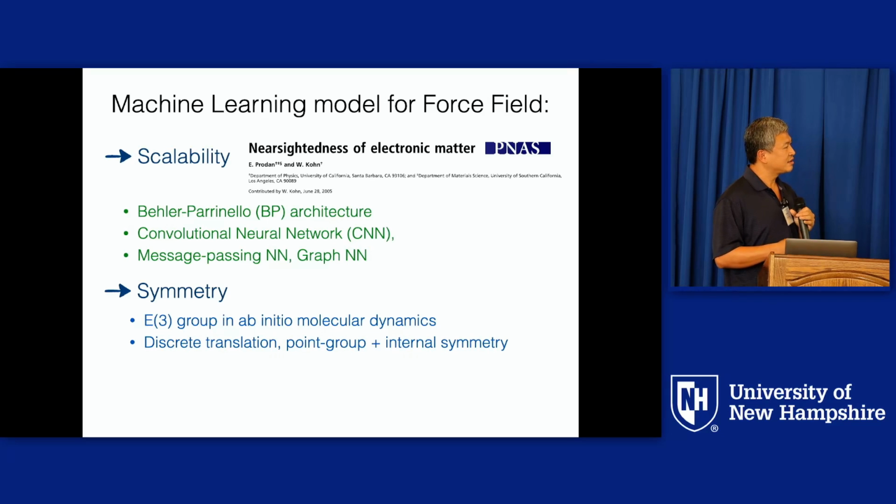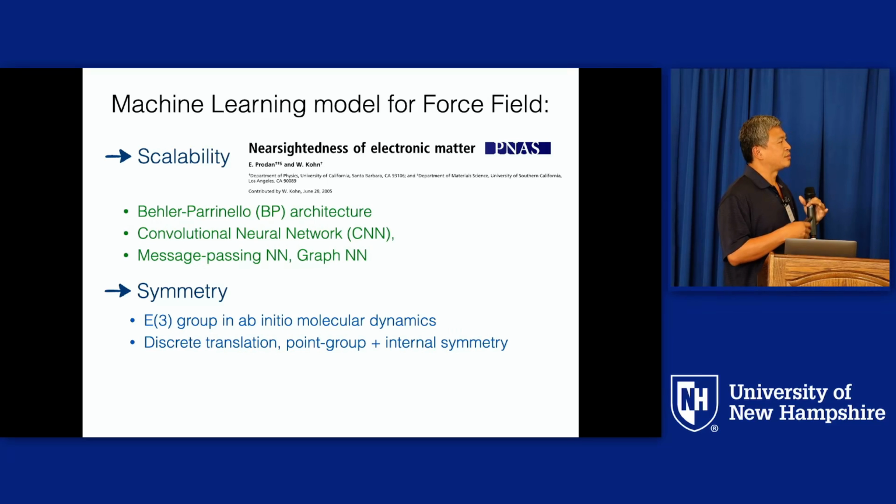But for condensed matter systems, we are talking about lattice models. So the symmetry is reduced to discrete translation symmetry and also on-site point group symmetry. And we are also dealing with spin and orbital degrees of freedom, so there are also internal symmetries. Sometimes these two symmetries are coupled to each other, sometimes they are independent.